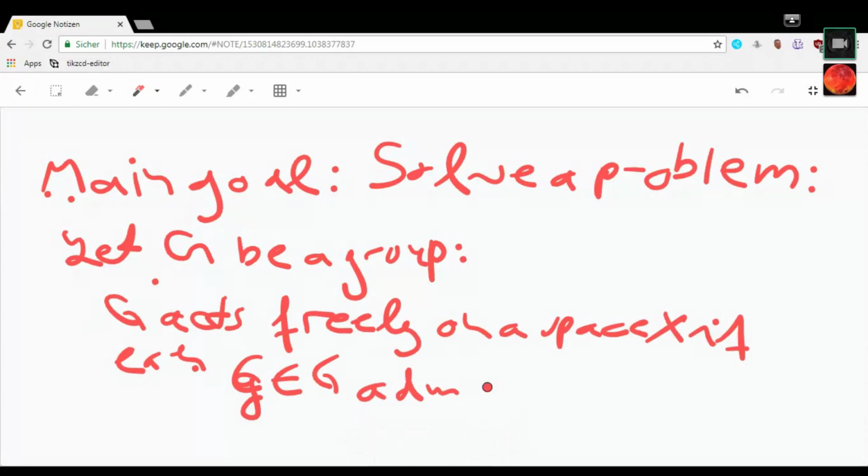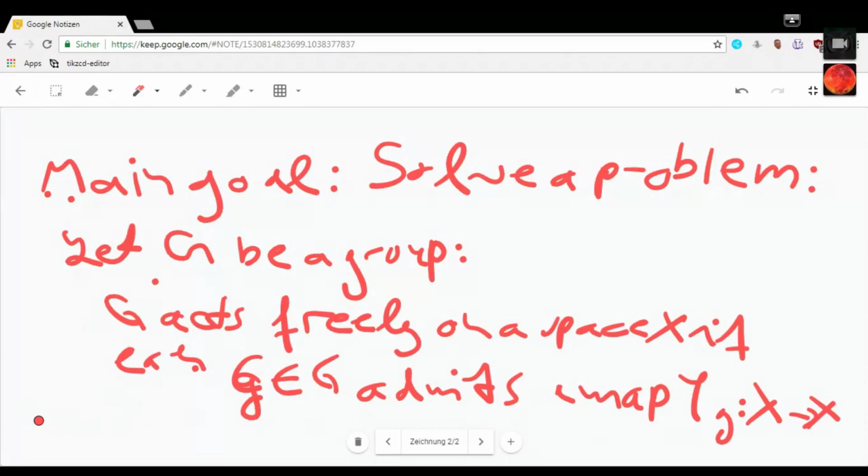So if every group element admits a map phi G from X to X with the following properties.